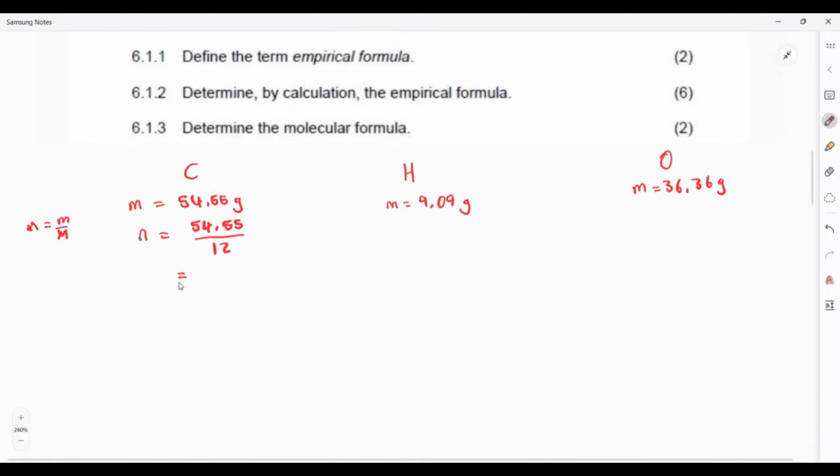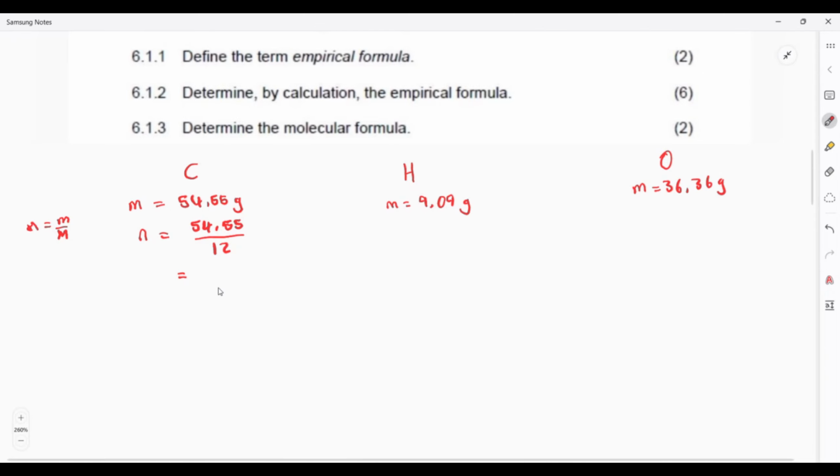And then what do I get here? It is advisable to use the entire number from your calculator, but I'm going to mostly round into two decimal places. And that is what they usually do in the memo. But in this case, I'm doing it to save our time.